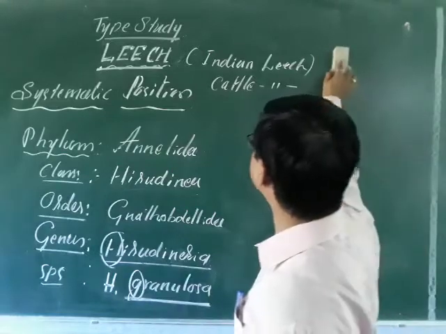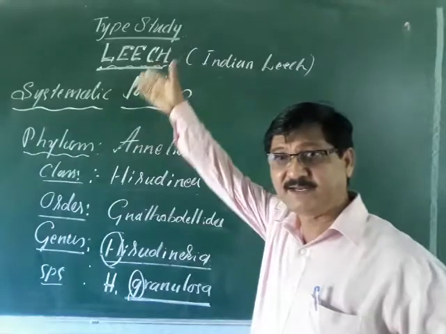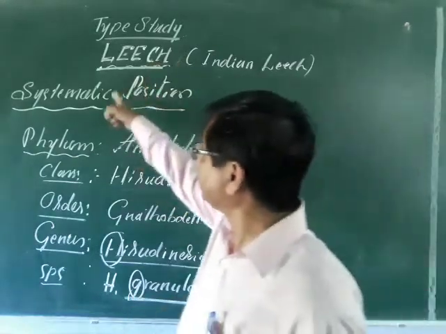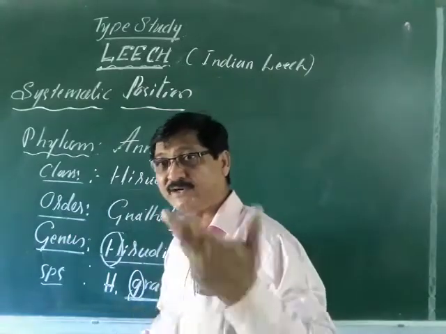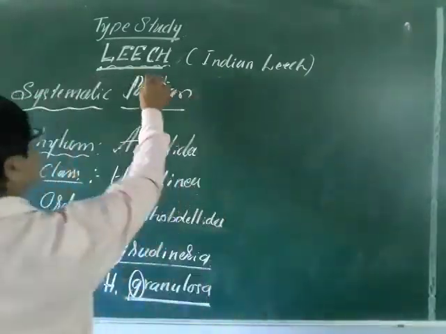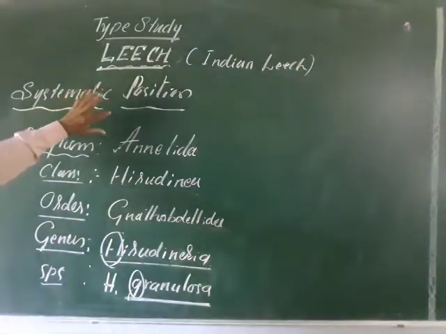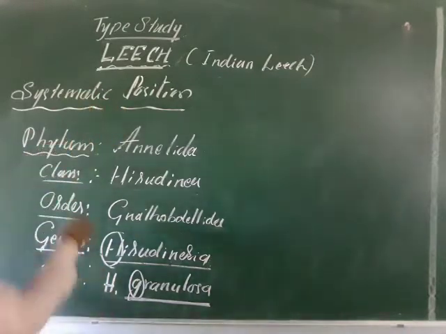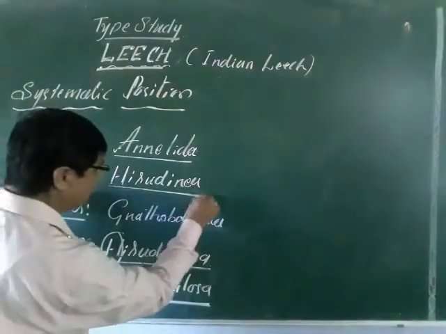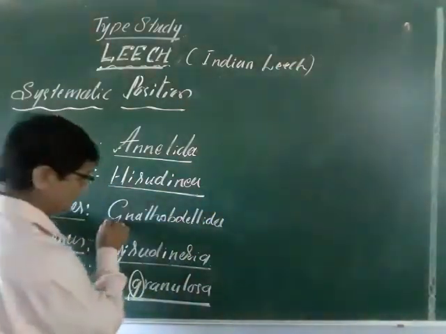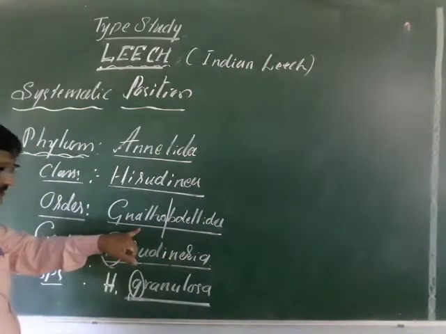So this is called the systematic position. Systematic position means where it lives in the animal kingdom. You know very well the animal kingdom is divided into two: the invertebrates and the vertebrates, or non-chordates and chordates. This comes under the kingdom Animalia, non-chordate division, phylum Annelida, class Hirudinea, order Gnathobdellida. Gnatho indicates the jaw; the term itself indicates the jaw.